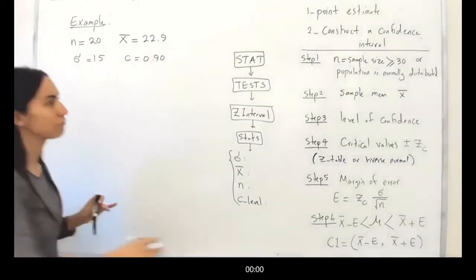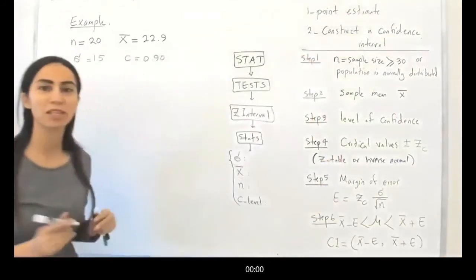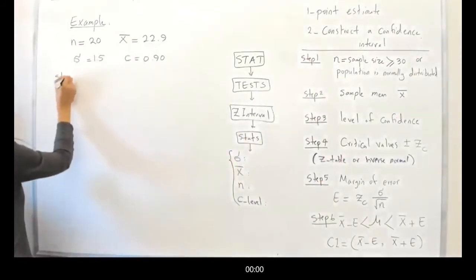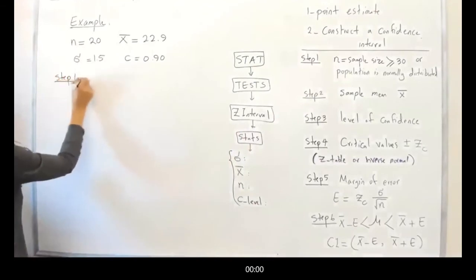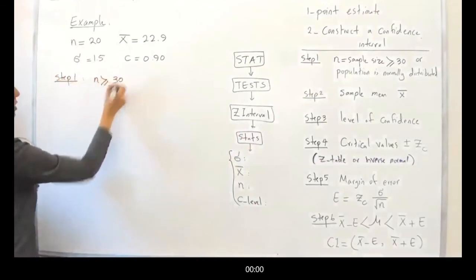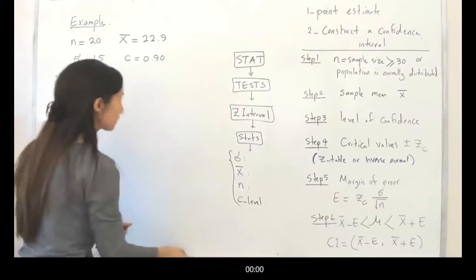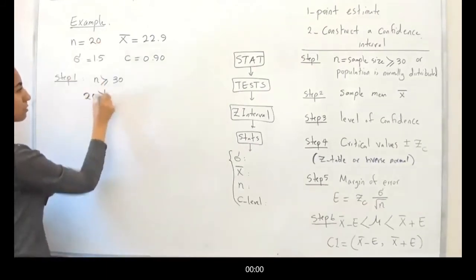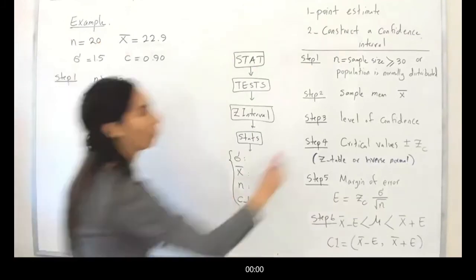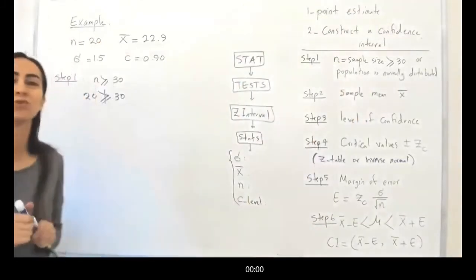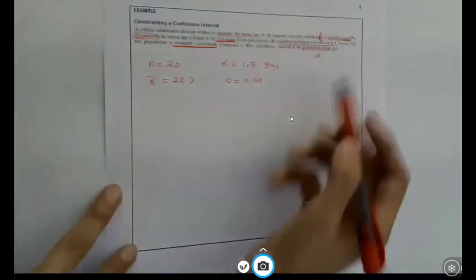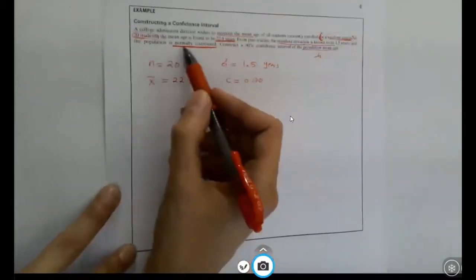So we have to check all of these steps, step by step. Step 1 says your sample size is greater than or equal to 30. Our sample size is 20. 20 is not greater than or equal to 30. Or the population is normally distributed. Take a look at your question. The population is normally distributed.